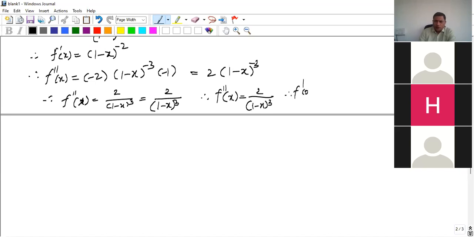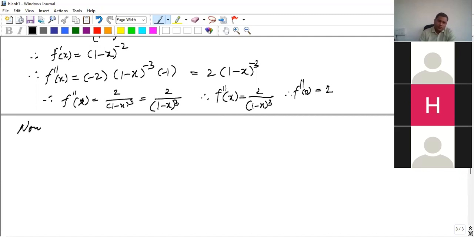And hence, what will happen to f double dash at 0? If I put x equal to 0, I'll be having 1 cube, so 1 cube is 1. So we got f double dash at 0 is going to be 2.